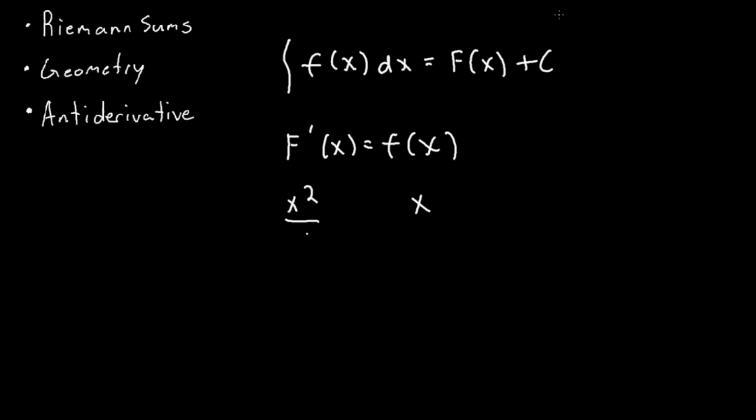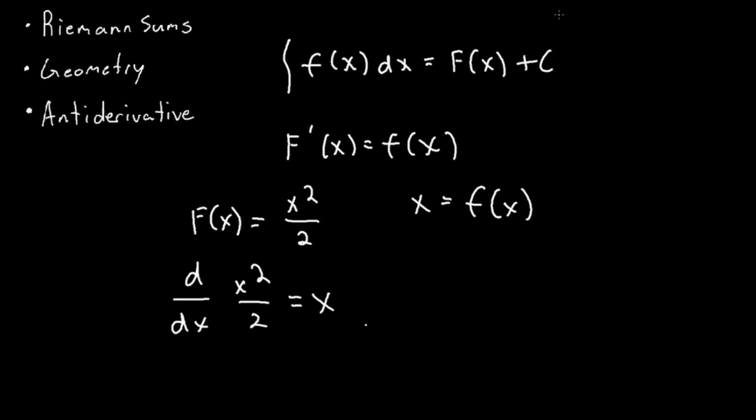Well, the integral of x is x squared over 2. If you found, let's call this capital F, is equal to f of x, and you took the derivative of capital F, you would get x.